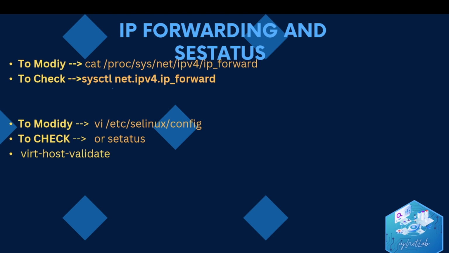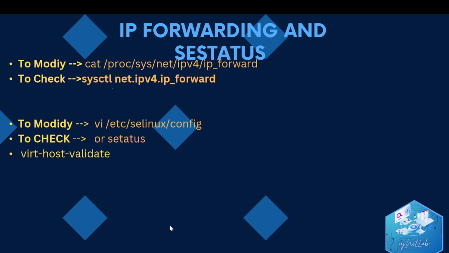If it is in enforcing mode, it will block unauthorized access. If it is in permissive mode, it won't block, but it will log all the violations. And lastly, disabled means it's all turned off and there's no security. So basically, it acts as an additional layer of security and helps keep your system safe from unauthorized access.